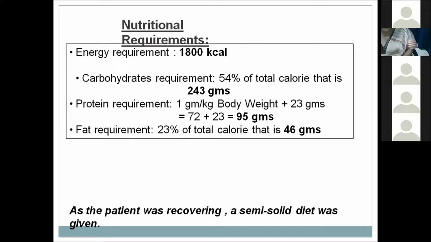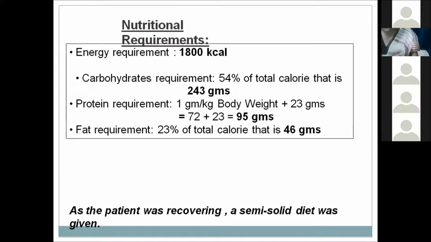For COVID patients, though the patient is diabetic or thin, the patient should still get high protein and at least moderate calories, energy for fighting COVID. So the energy requirement was 1800 calories for this patient.